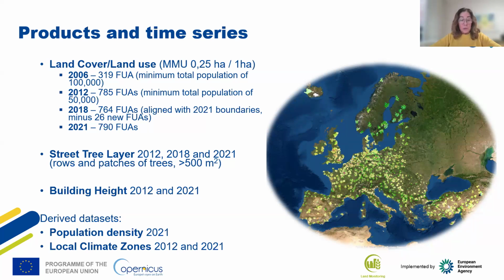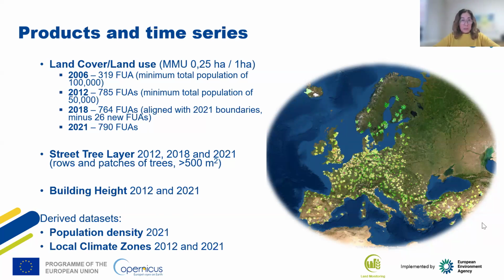Now you might want to know what the functional urban area is. It's an entity, if I might call it that, that represents a city and its commuting zone, reflecting how the urban system functions economically and socially, rather than relying on administrative boundaries.